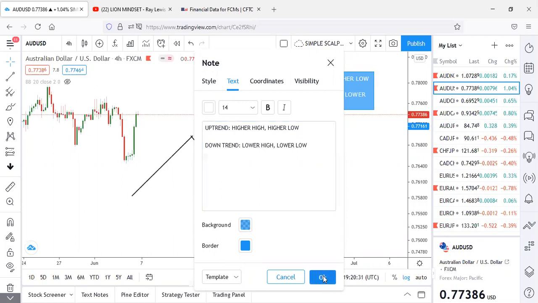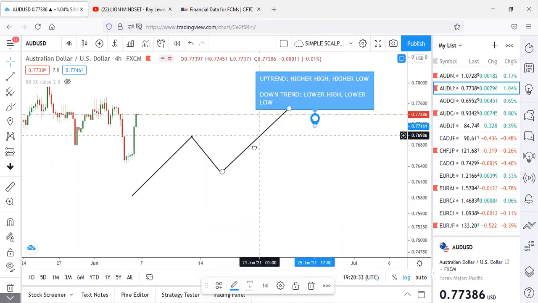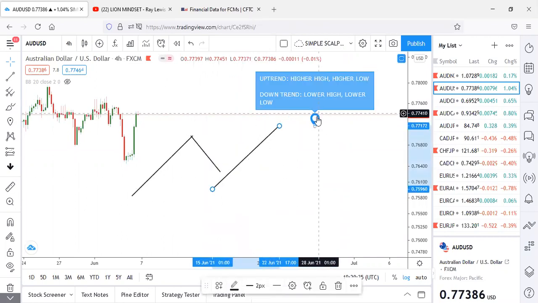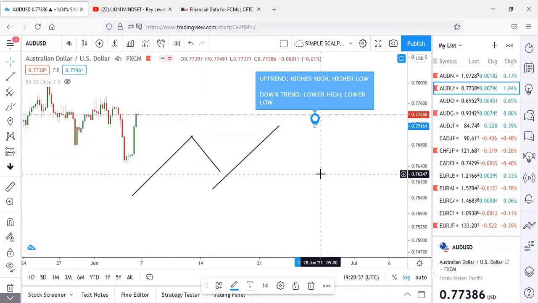So it is when you are able to memorize this and have this at the back of your mind that you'll be able to know if the market is going up or trending down. So higher highs and higher lows form an uptrend. And lower highs and lower lows form a downtrend.